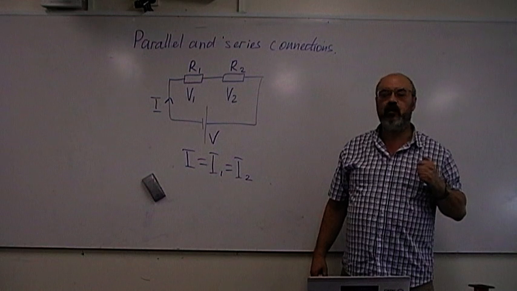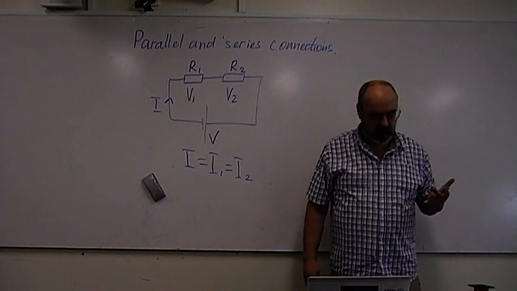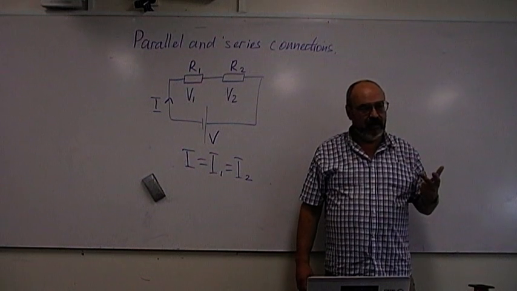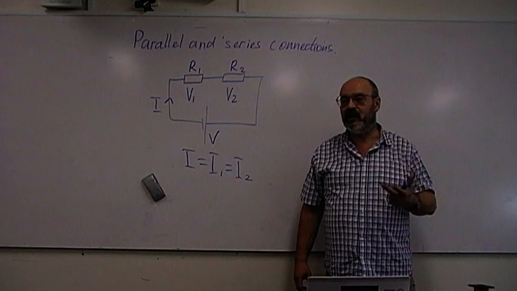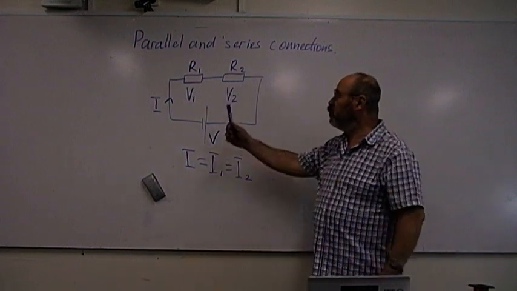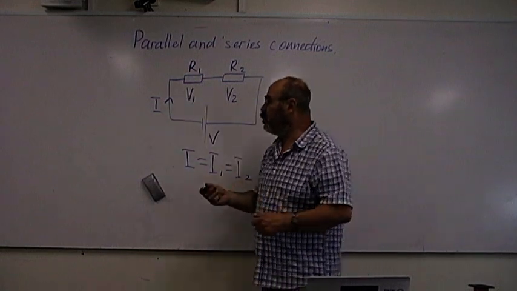Let's recall what is voltage. What is the definition of the voltage? It is the amount of energy needed to push a unit of charge from one point to another.